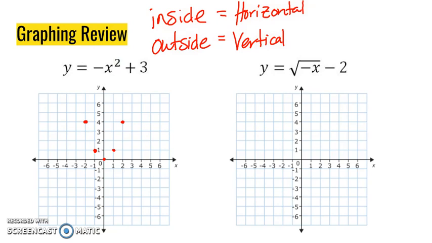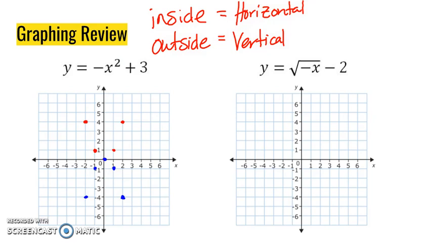So that is a vertical change, and since it's a negative, that's a vertical flip. Everything that's up top is going to flip down to the bottom. So my point (0, 0) stays the same, but (1, 1) and (-1, 1) flip down below, and (2, 4) flips along with (-2, 4).